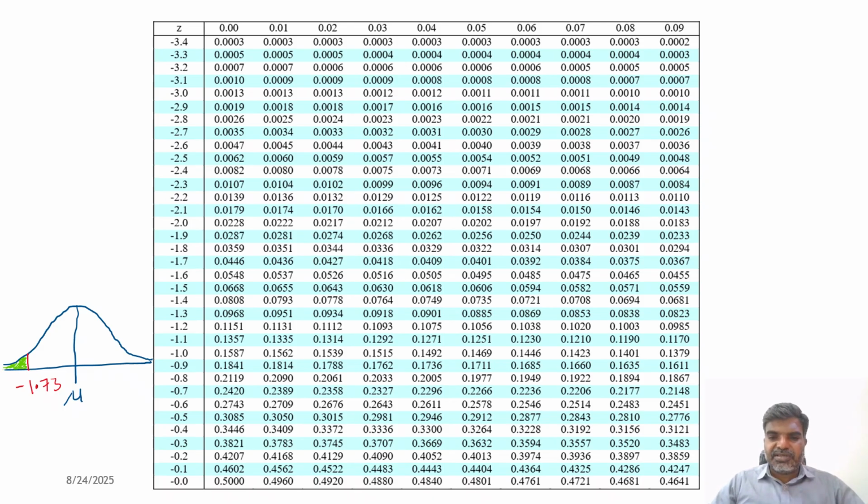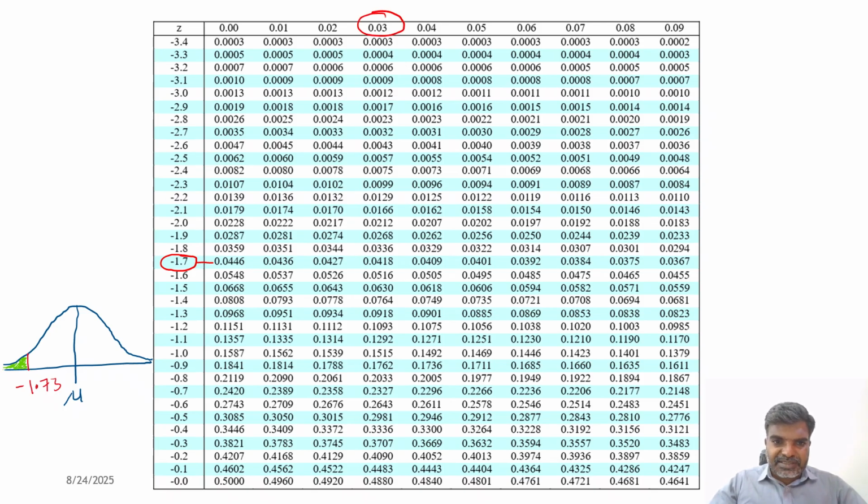Be very careful. Here z is negative, which means we have to use the negative table. For minus 1.73, in the first column, we look for minus 1.7. See, this is minus 1.7. For the 3, you have to see the top row.